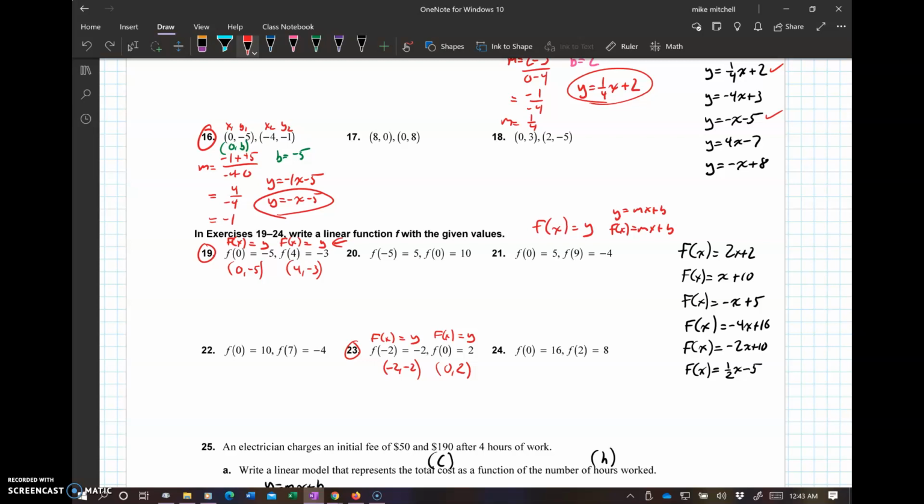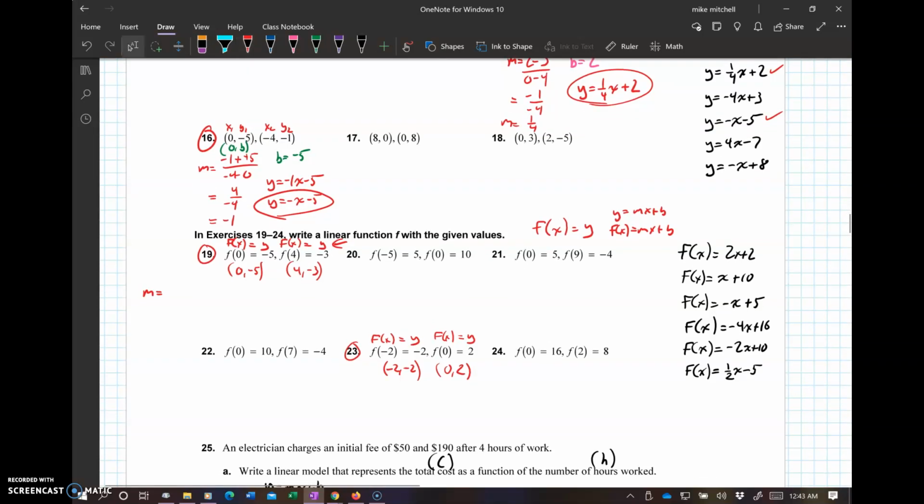I got my 2 points. Now that I have those 2 points, it's just like the last problems. I'm going to find my slope. I'm going to go over to the left because I know I'm getting tight on room here. I'm going to be thinking x2, y2, x1, y1. So I'm going to have -5 minus a -3.